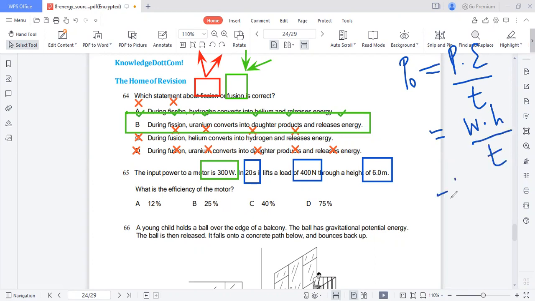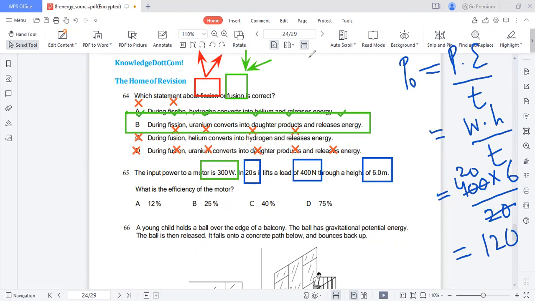Weight is 400 newtons, height is 6 meters, and time is 20 seconds. So it is actually 120. So the output power is 120 watt, the input power is 300 watt.